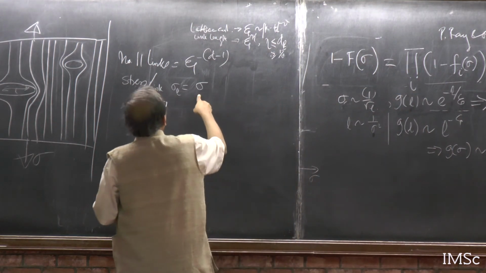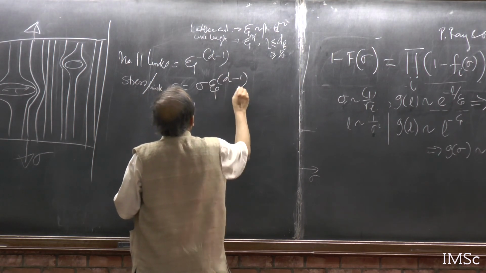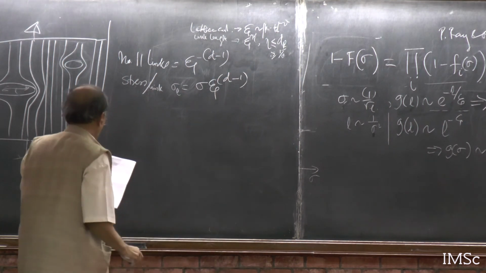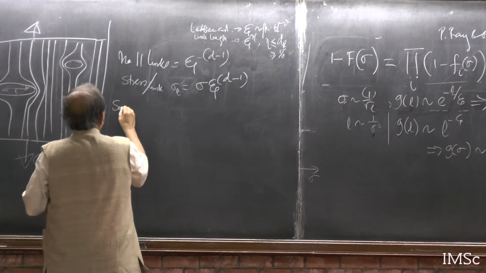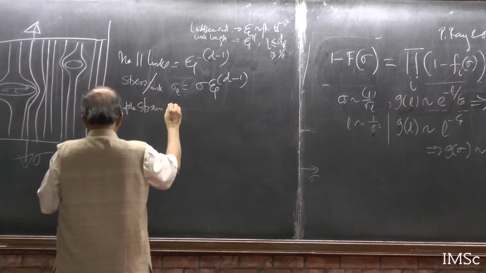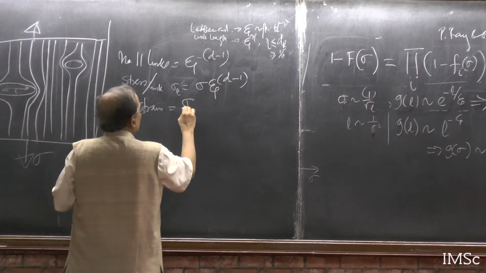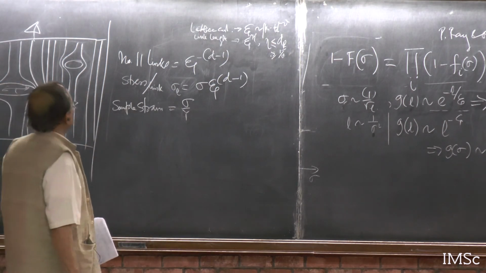So xi to the power something. Then the sample strain is sigma by Y, of course, since it is a linear system.